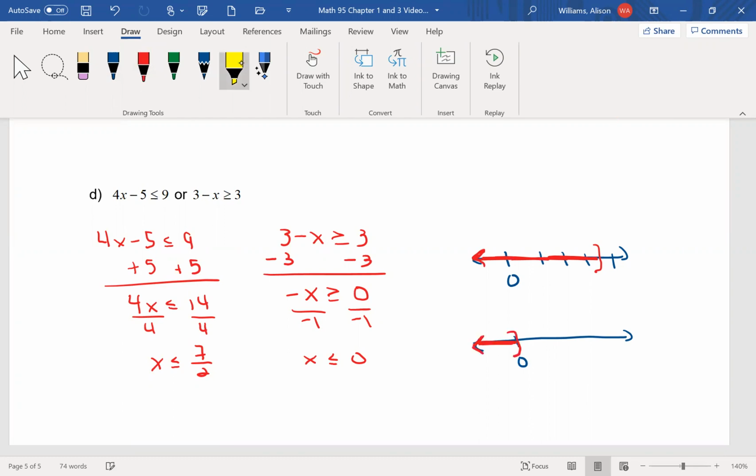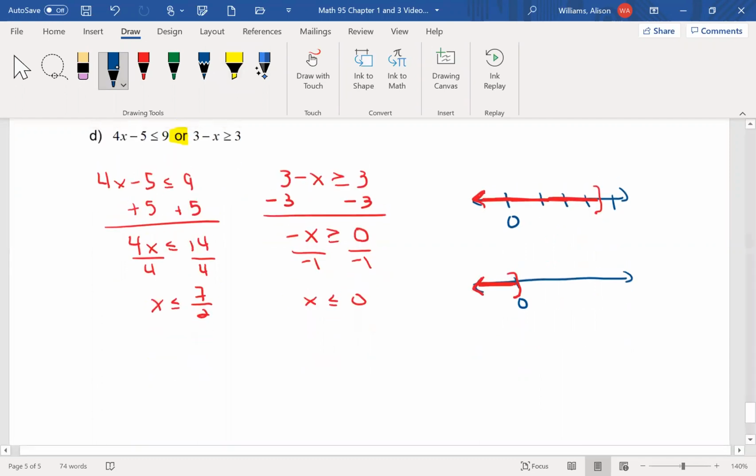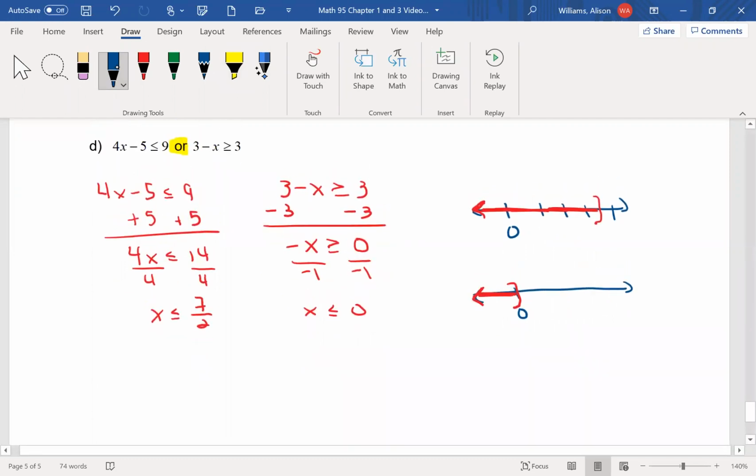All right. And we're looking at "or." So this time we're combining them together. If I put these graphs together, it's going to end up looking like the bigger graph. Even though there's a bracket at 0, I don't have to include that in the final answer because it's implied that 0 is included when I'm shading over it.